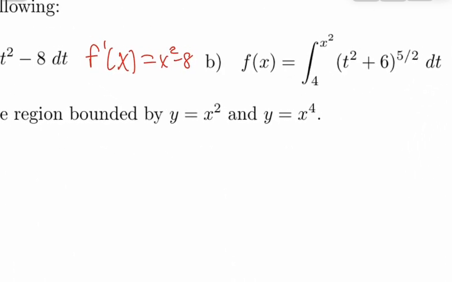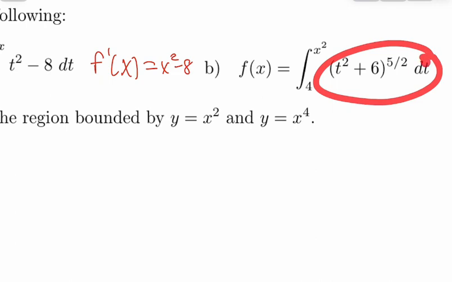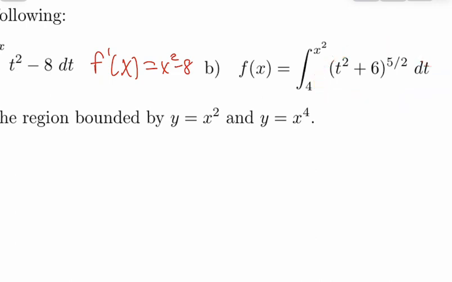Now you have to be careful for b because it's technically a chain rule. Now let's think about why. If I took the antiderivative of this, if I did the integration rule, I would then have to stick in x squared. So that's where it gets funky.